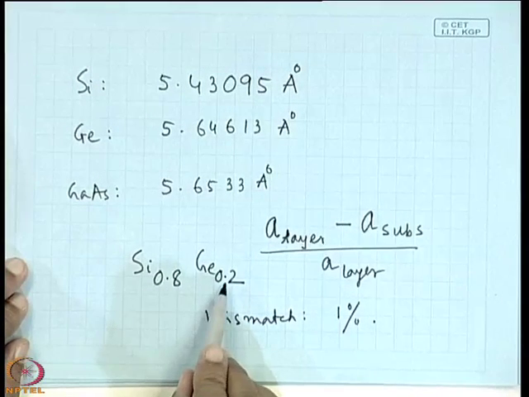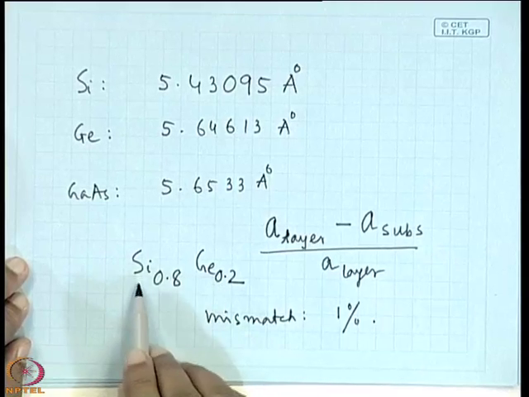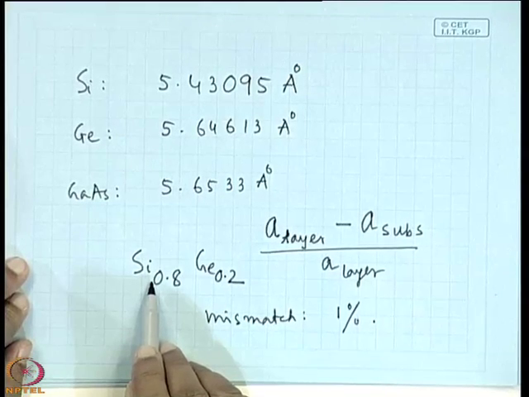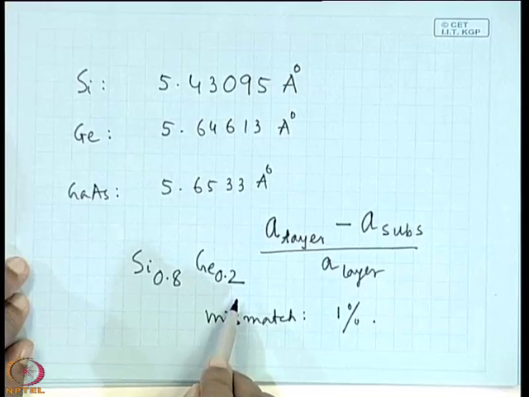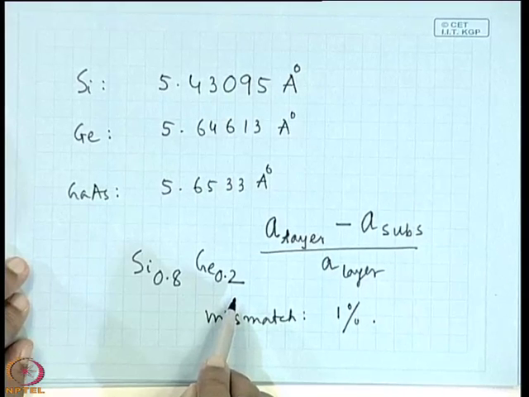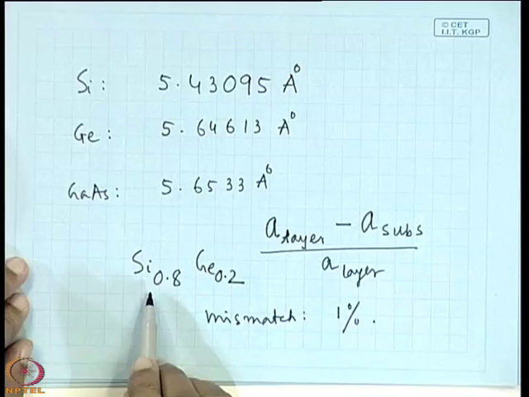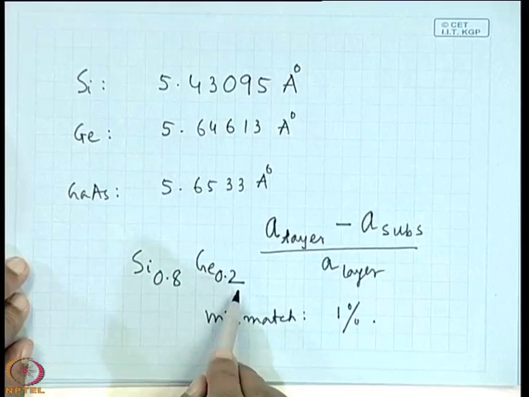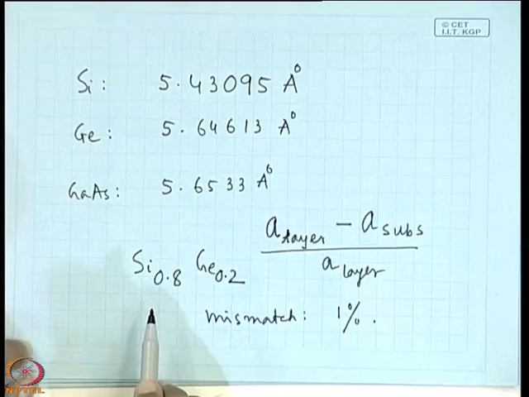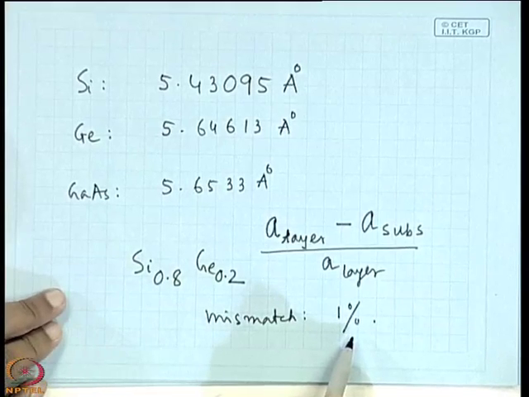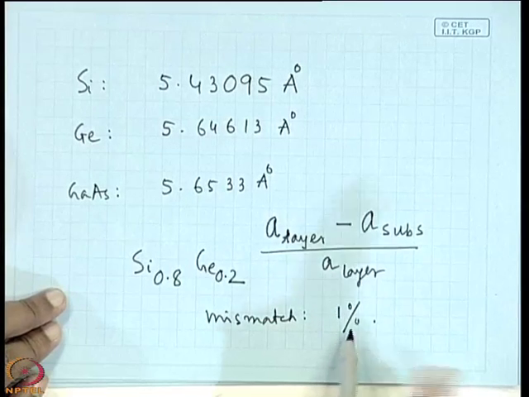That means, just by introducing some amount of germanium, the material is almost silicon, 20% is germanium, 80% is silicon. So, if you introduce 20% germanium on silicon, then the mismatch becomes 1% from 4%.